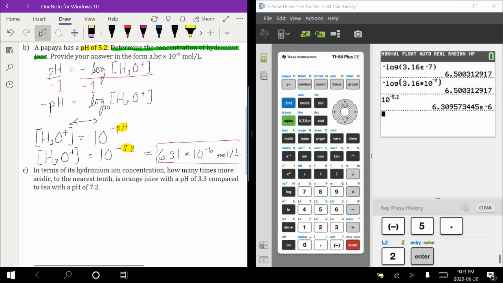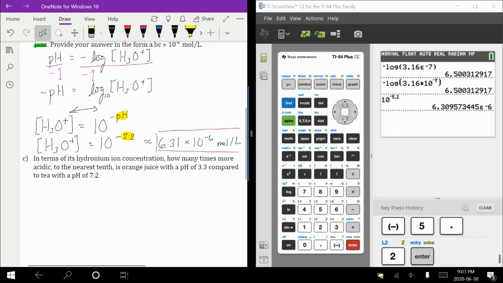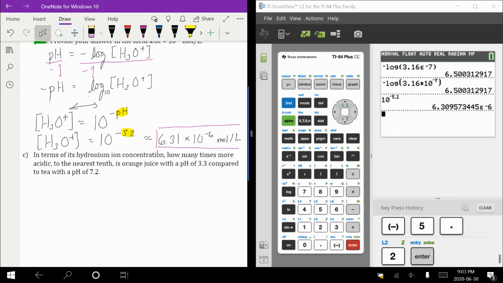In terms of its hydronium ion concentration, how many times more acidic to the nearest tenth is orange juice with a pH of 3.3 compared to tea with a pH of 7.2? For this problem, what we actually want to determine is the ratio between the hydronium ion concentrations. So the ratio between the hydronium ion concentration for orange juice to the hydronium ion concentration for tea.